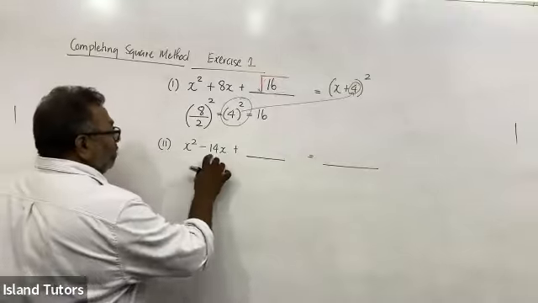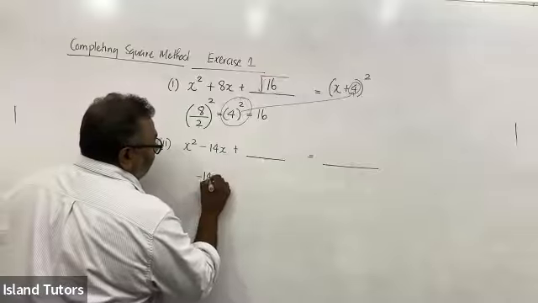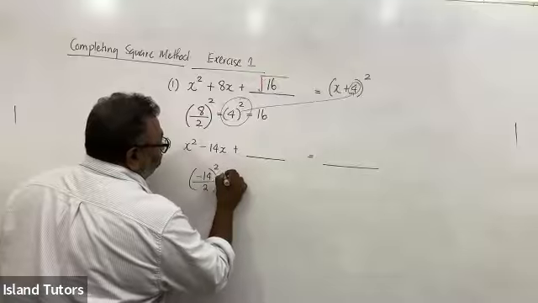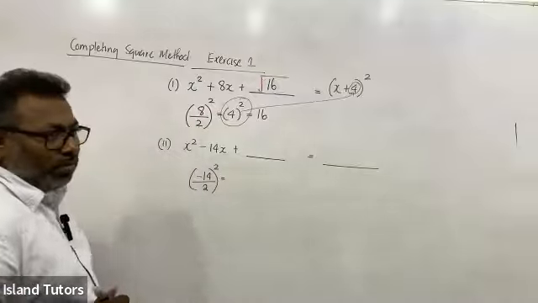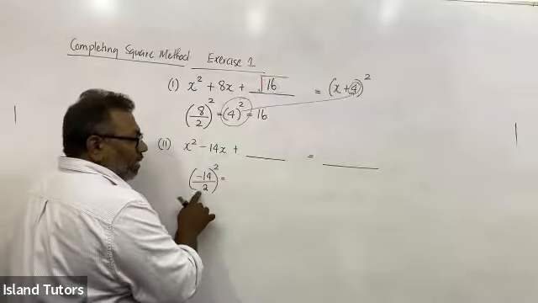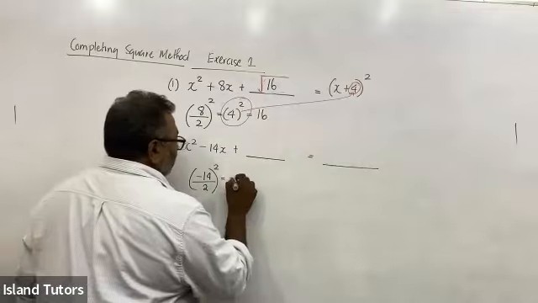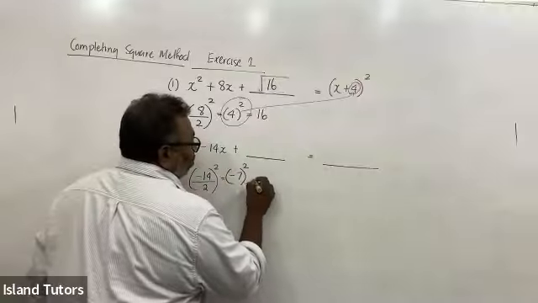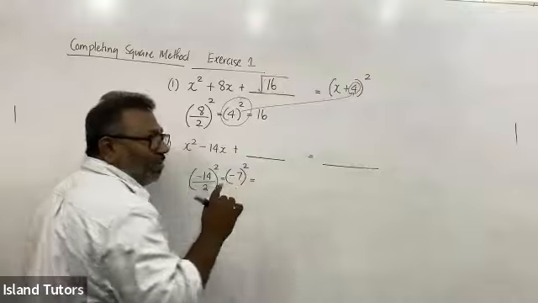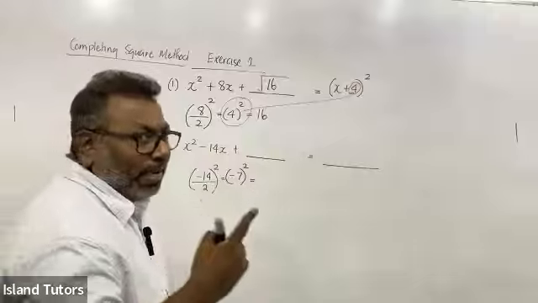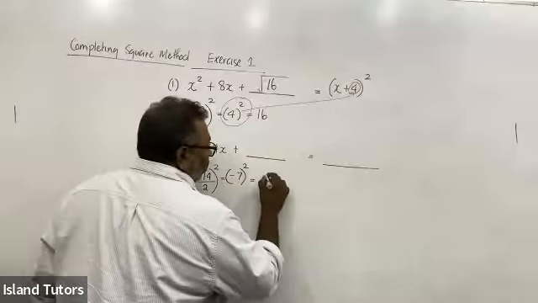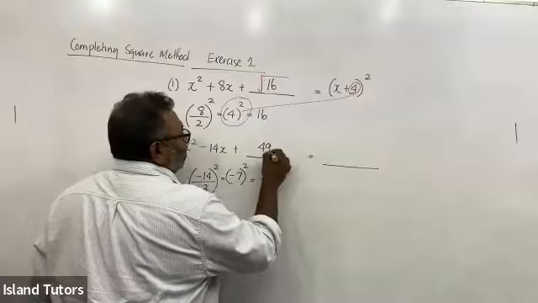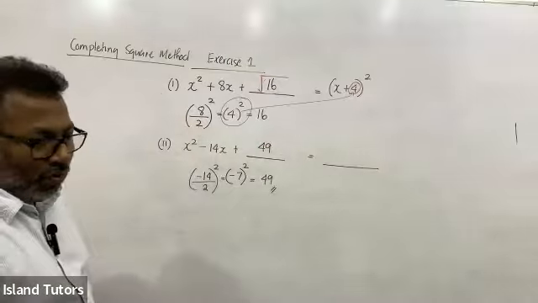You take the middle term, minus 14 divided by 2, whole thing squared. So minus 14 divided by 2 is minus 7, whole thing squared. Minus 7 multiplied by minus 7 will give you plus 49. That is what is going to come here.